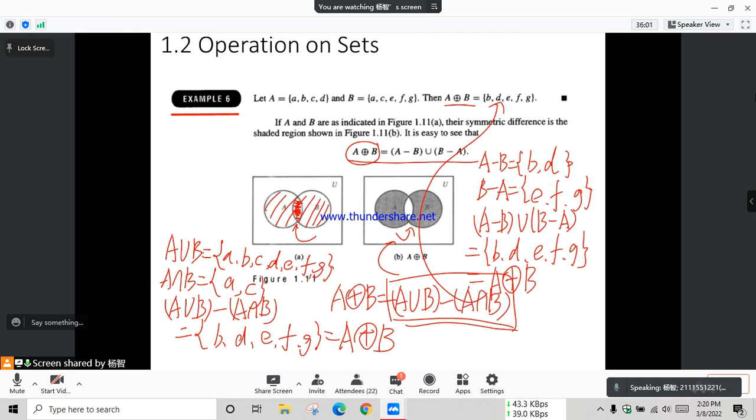So this means A union B minus the intersection of A and B. Okay, is everyone clear about this page? Yes, clear. Okay.